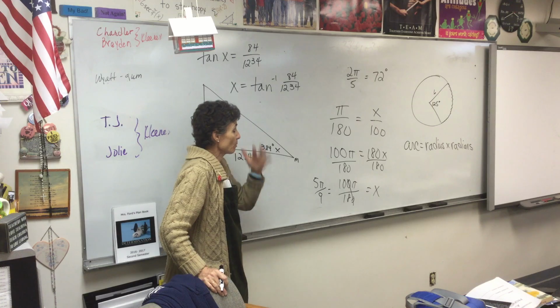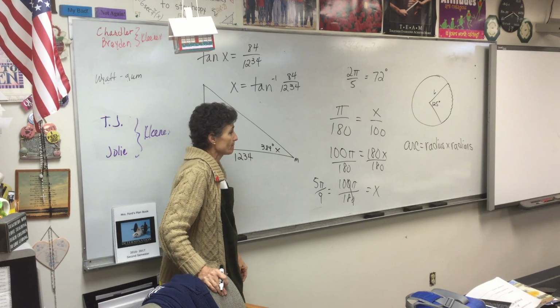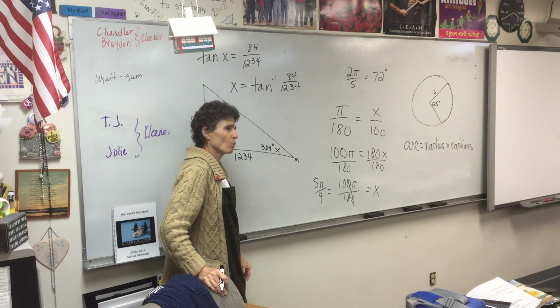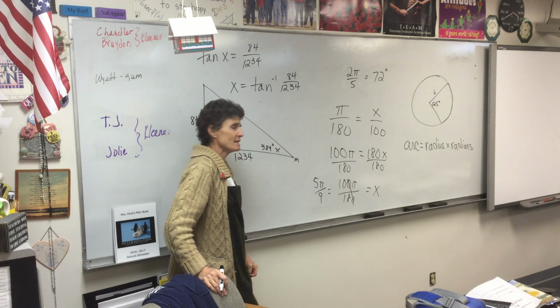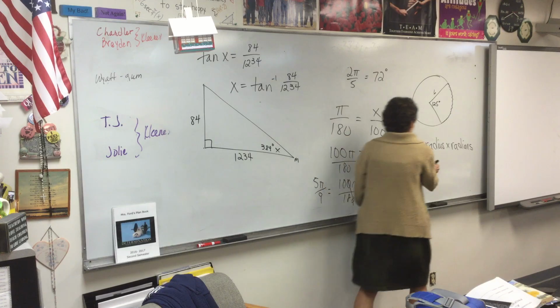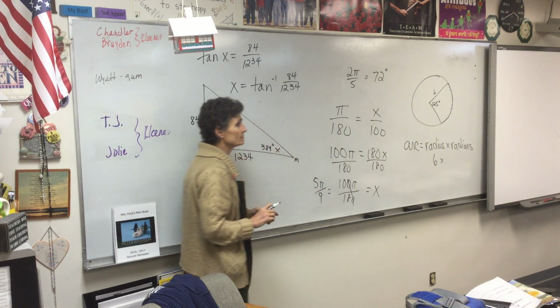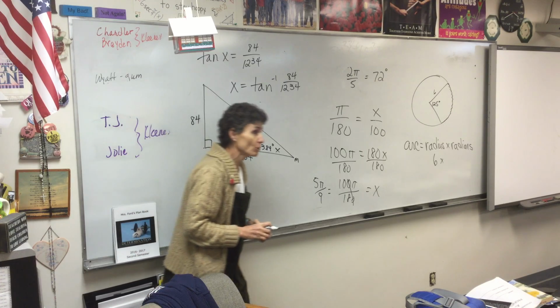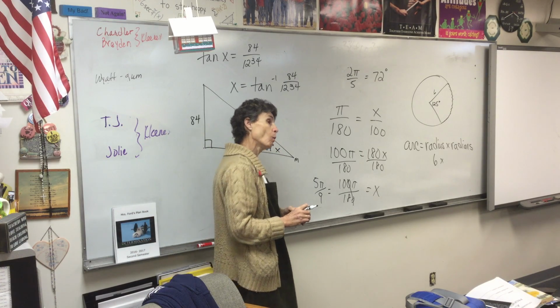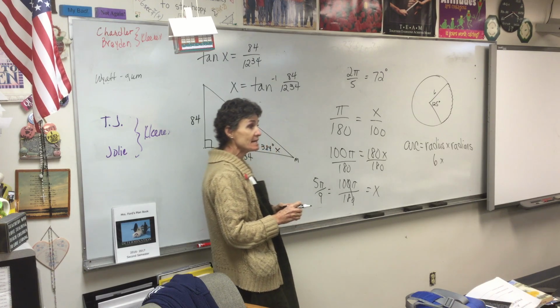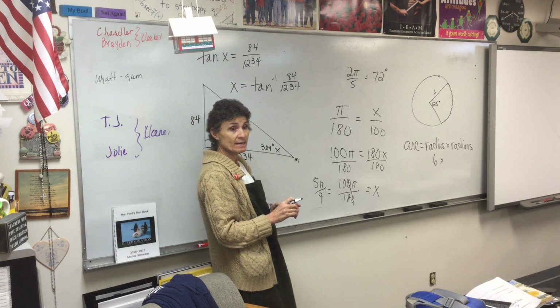That's why this daily practice is so important. All right, so what's wrong with my problem? This could be easy. I know the radius is 6, so that works out great. What is wrong? I need to convert the angle because the one I have is in degrees, and I need it to be in radians.